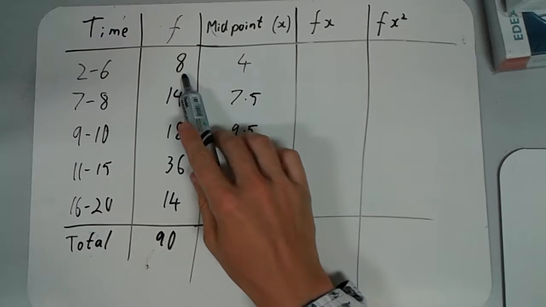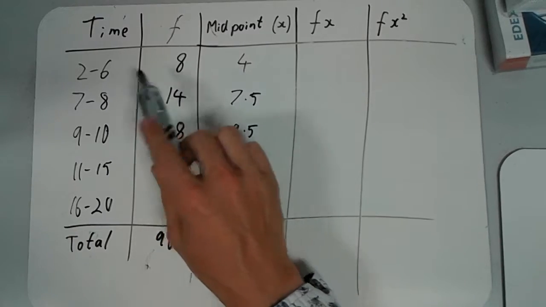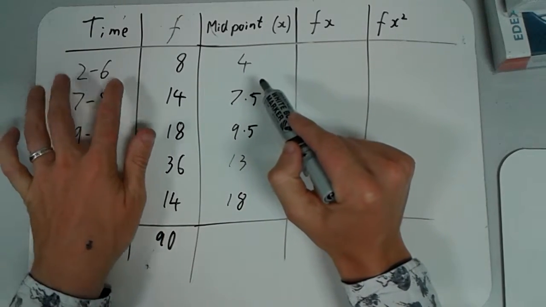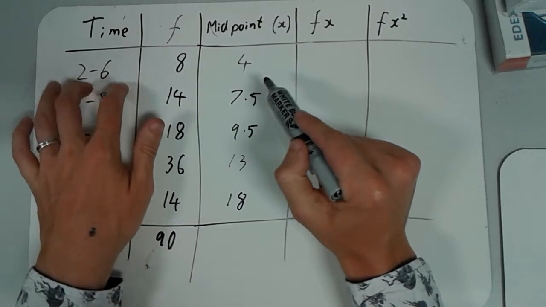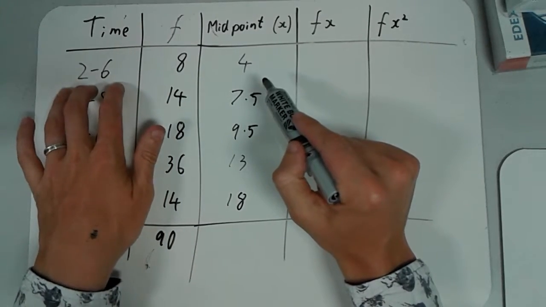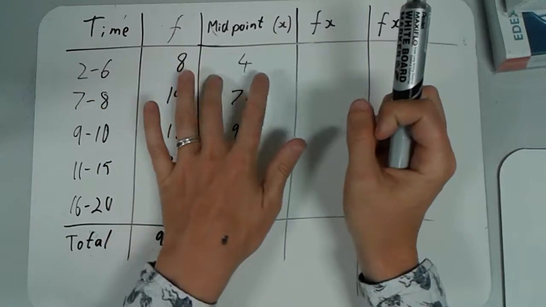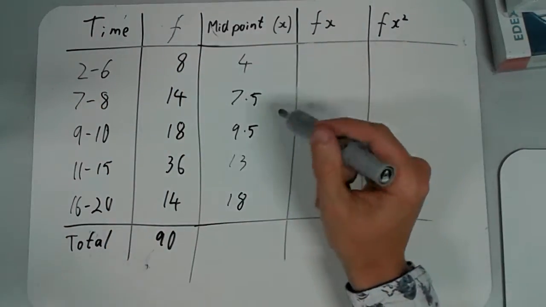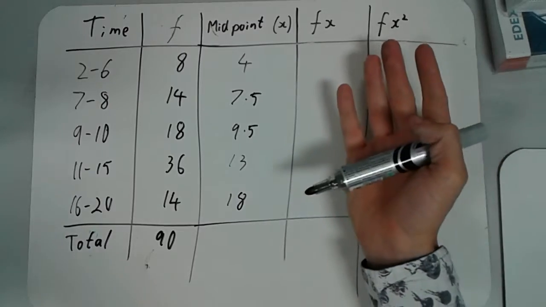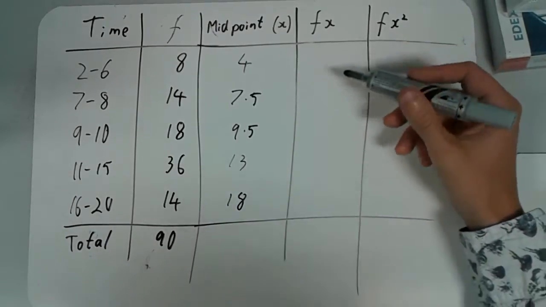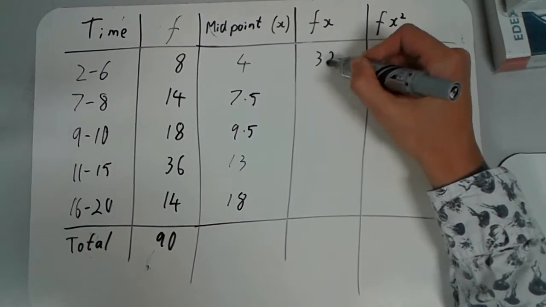If we've got 8 times of about 4, then if we just do 8 times 4, that will give us an estimate of the sum of all of those unknown times. We know that they were somewhere between 2 and 6. We've got 8 of them, so we're saying, well, that will probably work out as about 8 times 4. There will be as many above 4 as below 4, in all likelihood. So if we calculate those, we get 32.